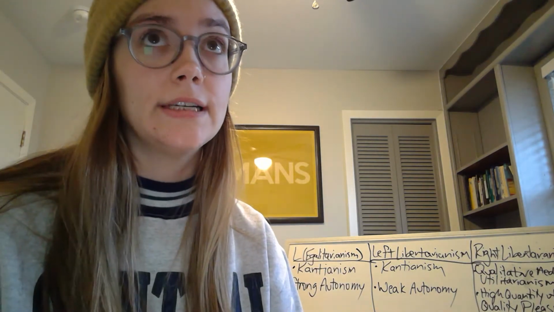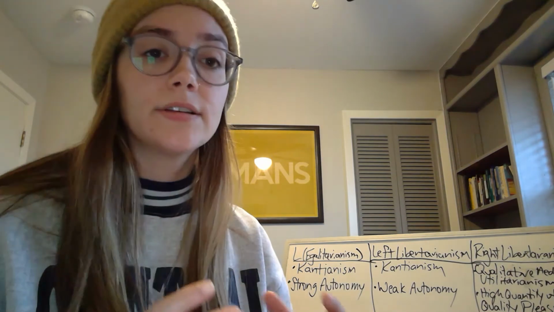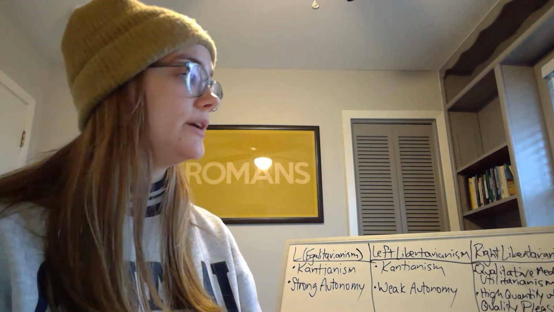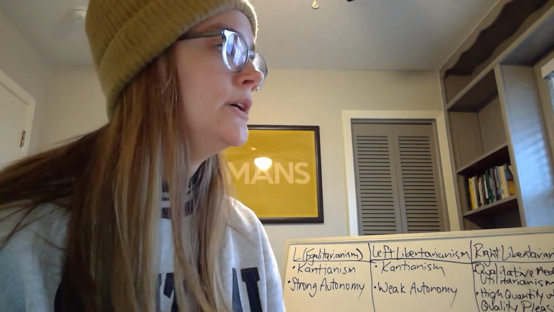So maybe the difference between right libertarianism and conservatism would be that, based on pleasure, the conservative is less concerned with high quantity of pleasure, and more concerned with what is objectively truly valuable. That can be hard because people aren't going to agree on what's objectively truly valuable.